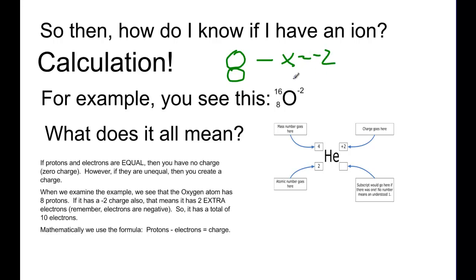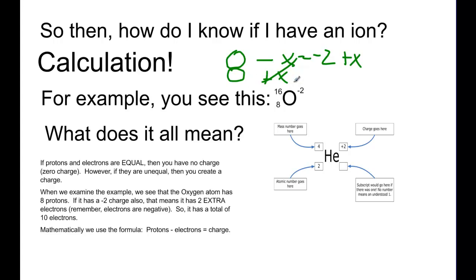To solve this problem, there are a few things we can do. I'm going to do it the long way. We want to get rid of this 8, so I'm going to add x to each side, which will cancel that. That makes it -2 plus x equals 8.